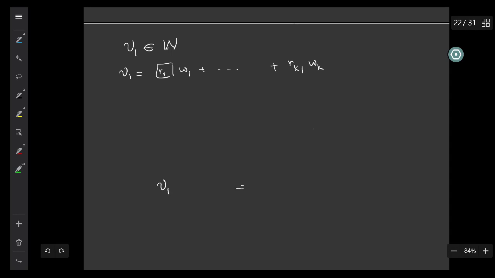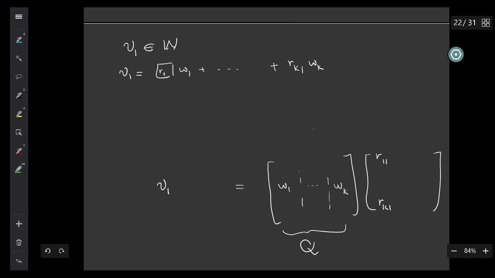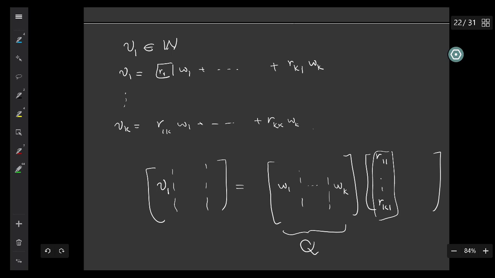And so we can write this for v1 through vk. v1 is now written as the matrix with columns w1 through wk, which is our matrix Q, times the column r11 through rk1. If we do this for the other vectors, up to vk, we get r1k w1 through rkk wk, and we put them in the last column.